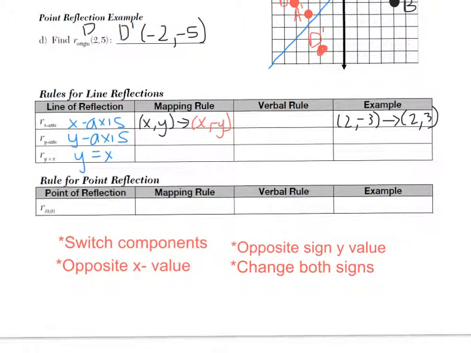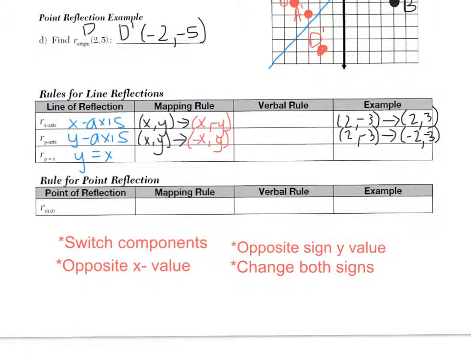For the y-axis, if you had the point x, y, what would it map to? Our rule was, if you reflect about the y-axis, you change the sign of the x value. So that means I would have -x, +y. So if I were given the same point of 2, -3, and I change the sign of my x value, it would map to the point -2, -3.